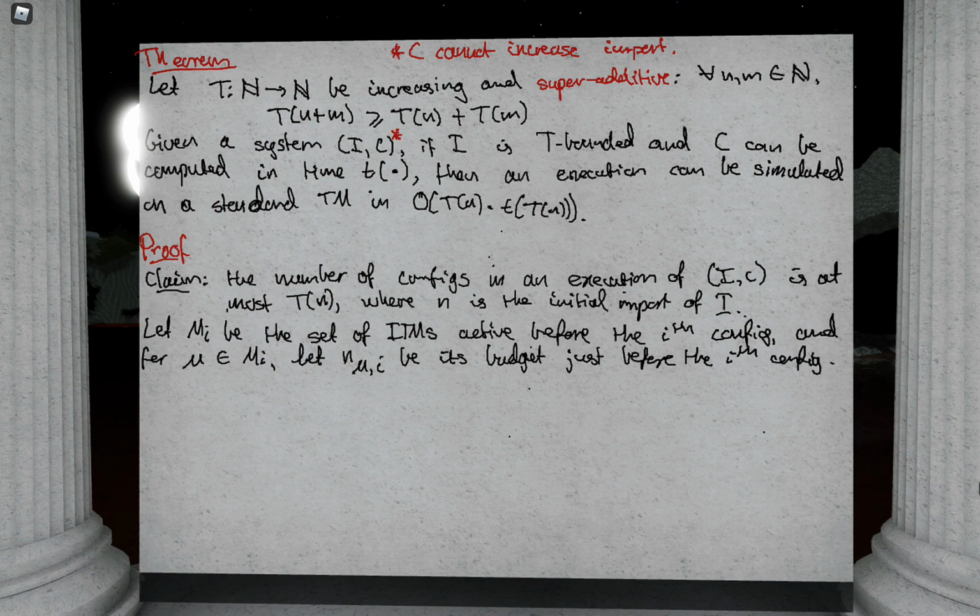Since I is T-bounded, for every mu in M_i, mu is also T-bounded by the recursive definition of T-bounded. And now we can do a little calculation.